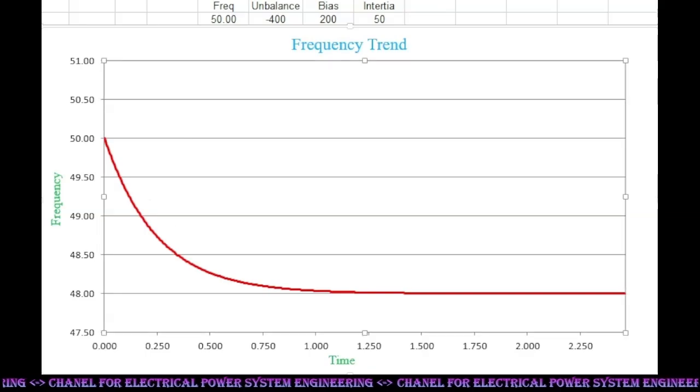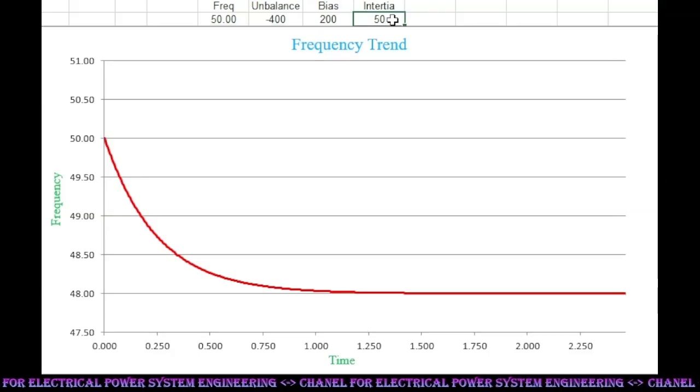Effect of system inertia. System inertia controls the rate of change of frequency. So higher the system inertia, the slower the frequency drop.